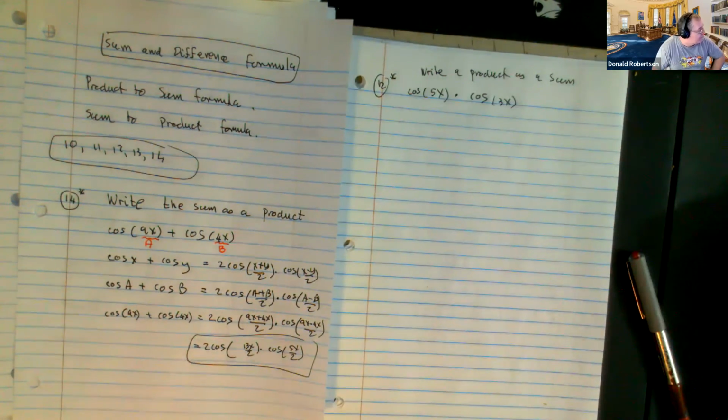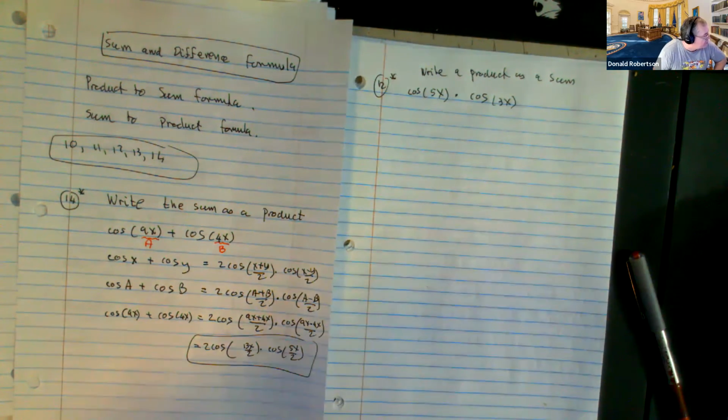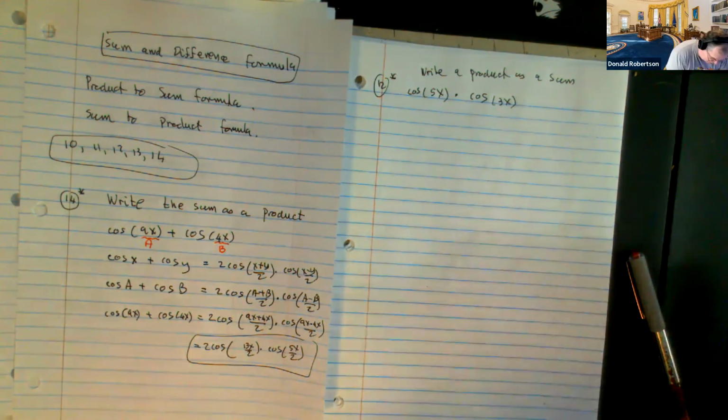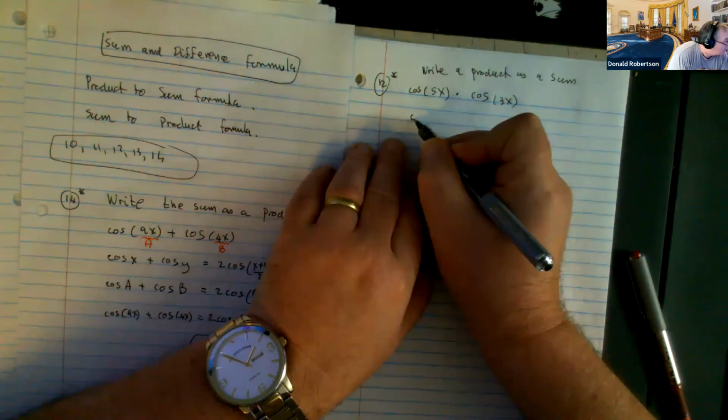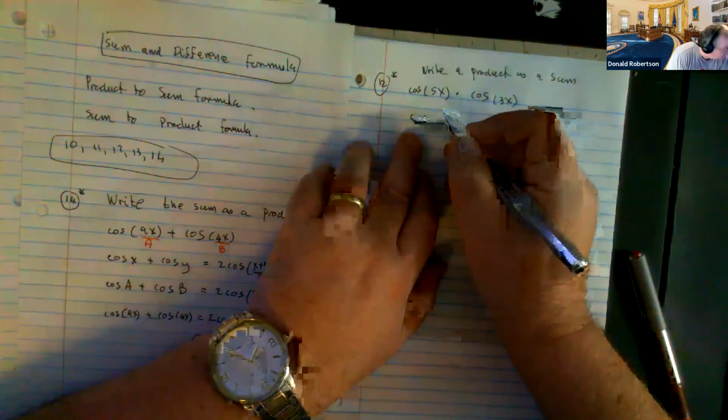So I go hunting for the formula that takes products into sums and found it. And the combination I want is this guy and this guy. And the formula I'm going to use then is called, what's that, cosine, cosine?